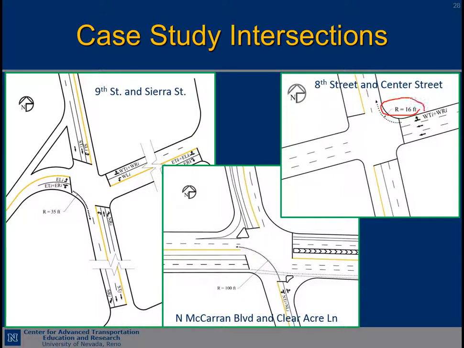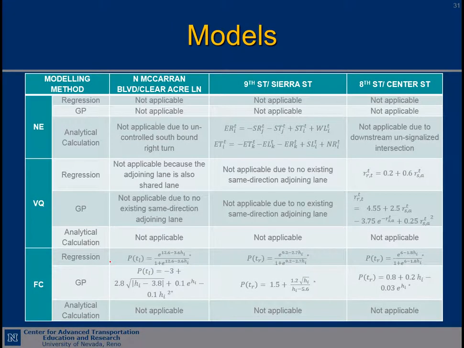Here the turning radius is 16 feet, here 35, and here it is 100. So we applied all methods on these three intersections, and the models are like this. In some intersections, some models are not applicable, but other models that were made based on our methods you can see here.